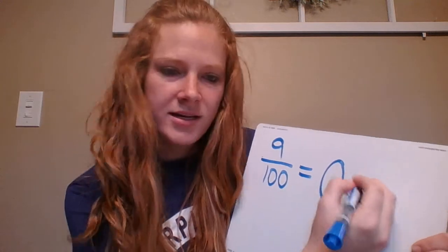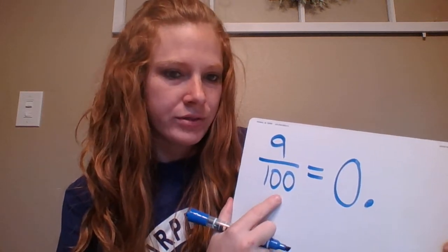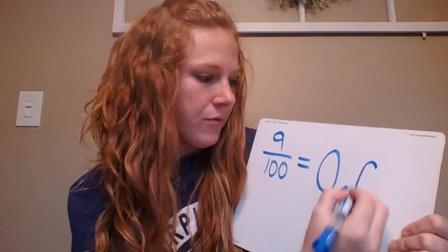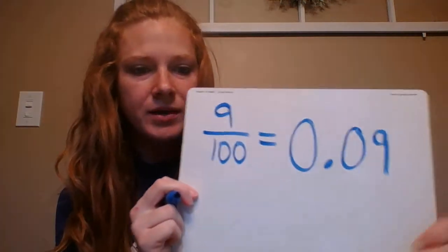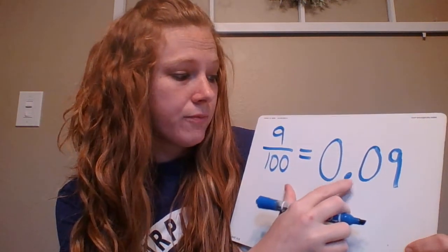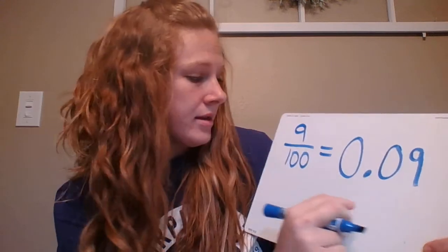Would I just write 9? No, because it's not in the tenths place, it's in the hundredths. So I would have to put a 0 and then a 9. So my answer would be 0.09, which would read as 9 hundredths.